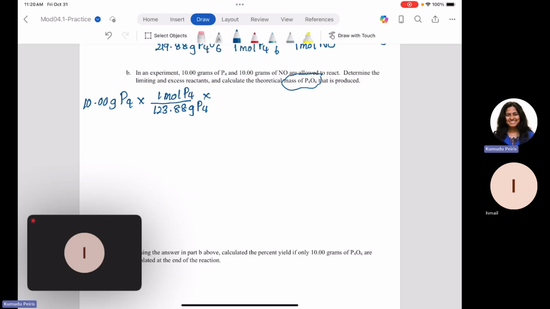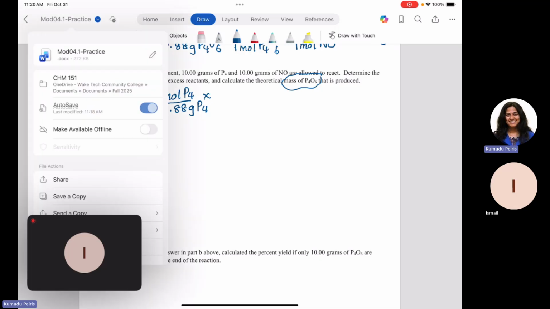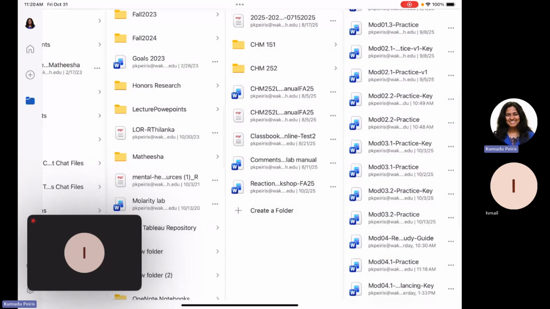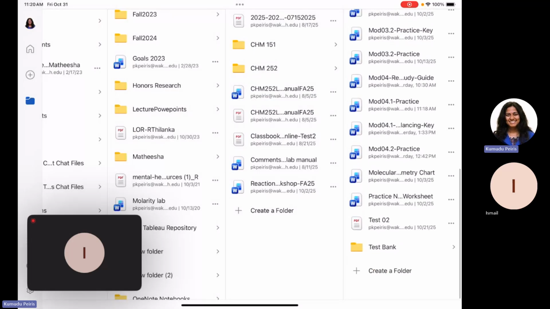Apple Pencil. Okay, so let me explain this using the answer key of the same thing. Okay, let me change this.